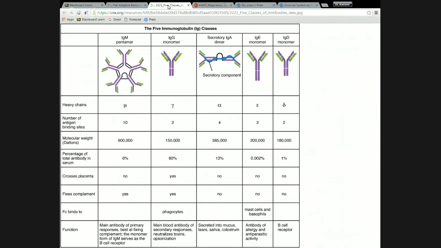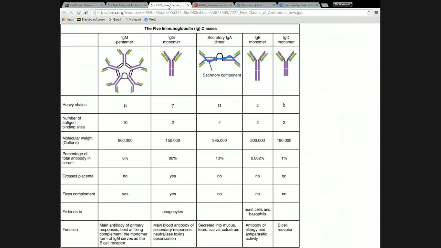It's most normally found as a dimer, which means that 2 antibodies are linked together. And so the heavy chains link up with the antigen binding site sticking off, sort of two on either end there.